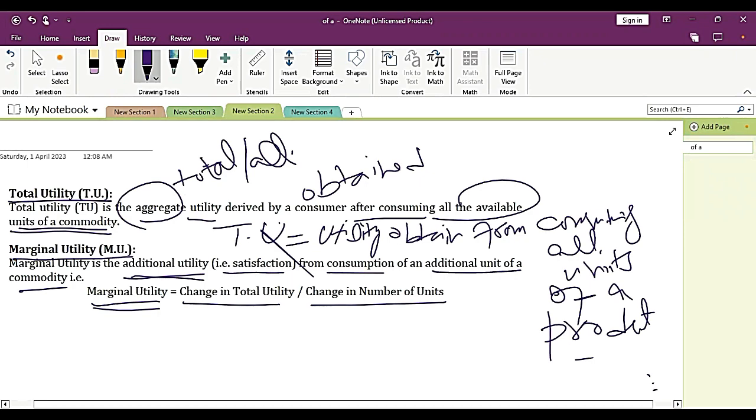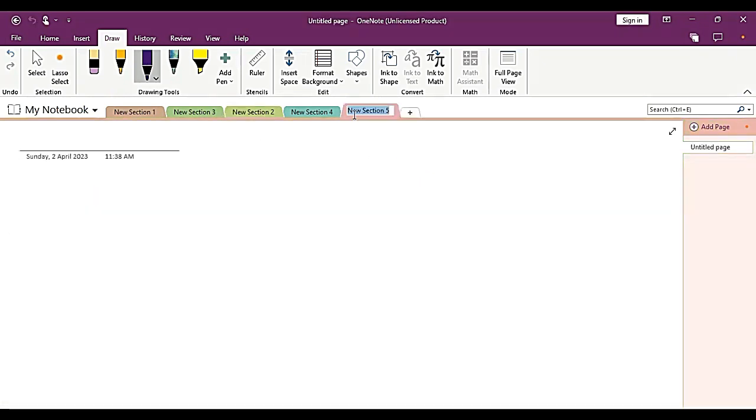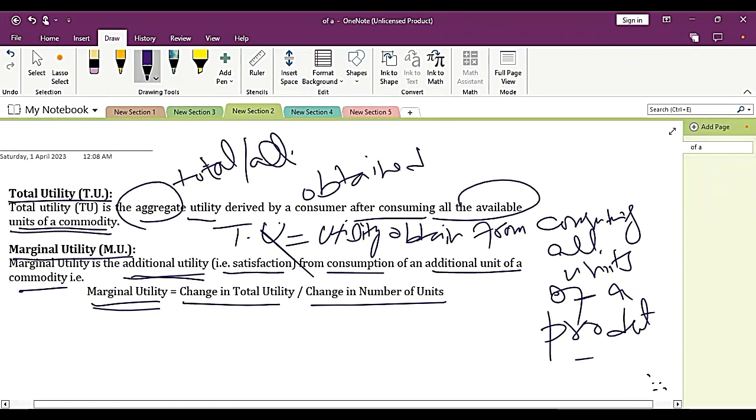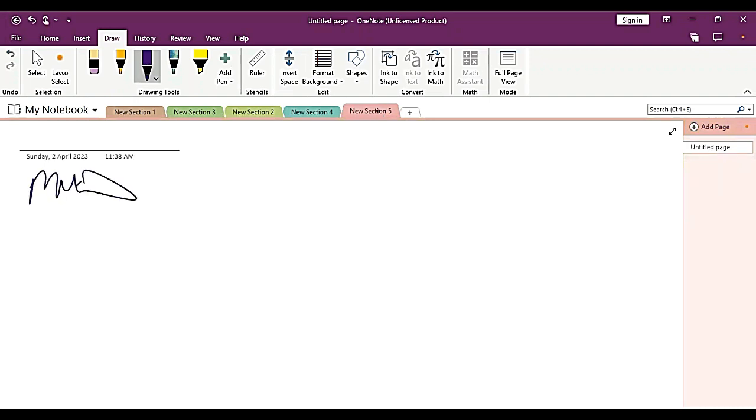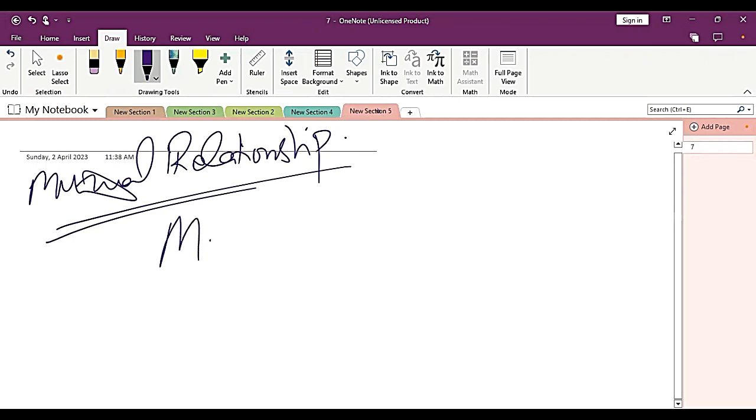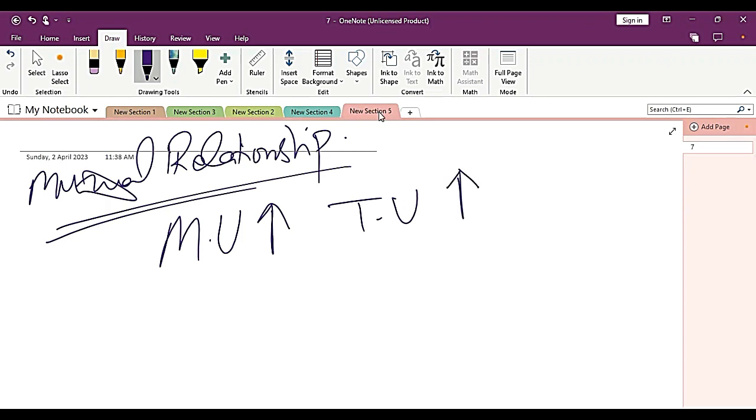We can also study them through their mutual relationship. The mutual relationship between them is that when marginal utility is increasing, total utility is also increasing.